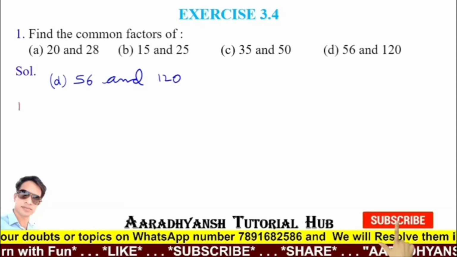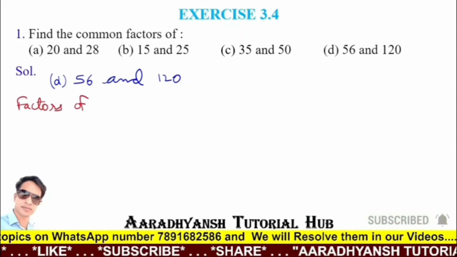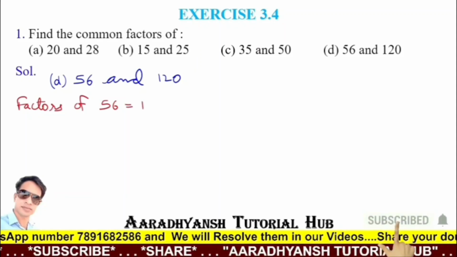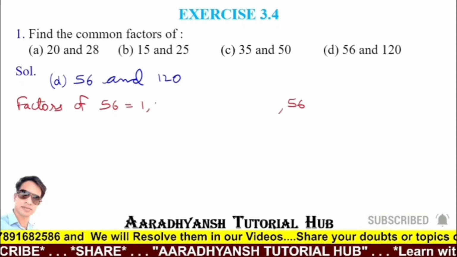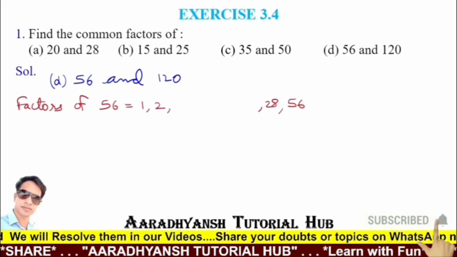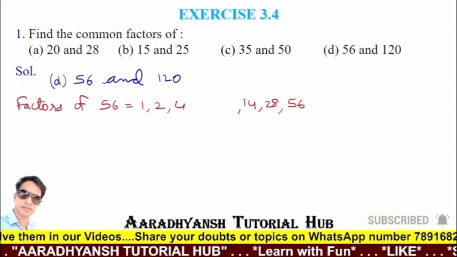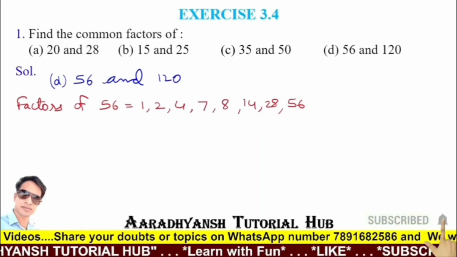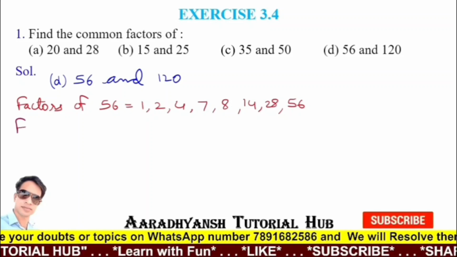So first find the factors of 56, and these are 1 and 56, 2 and 28, 4 and 14, 7 and 8. Okay. Now find the factors of 120.